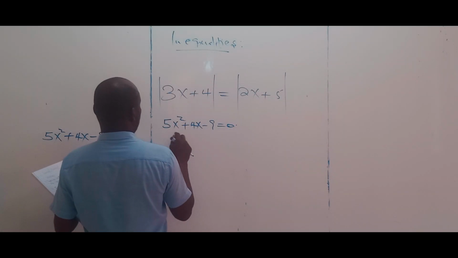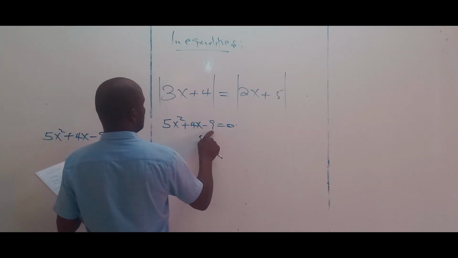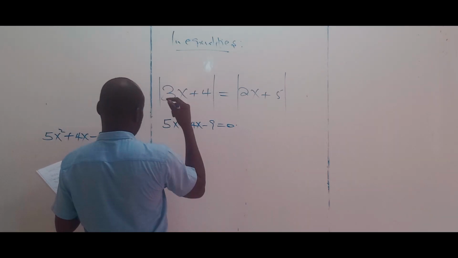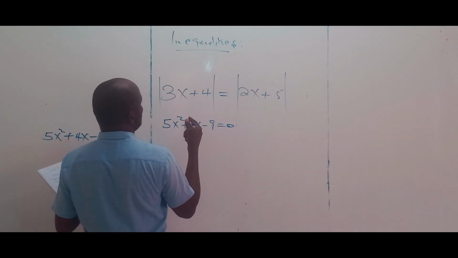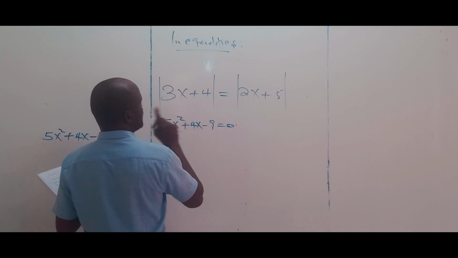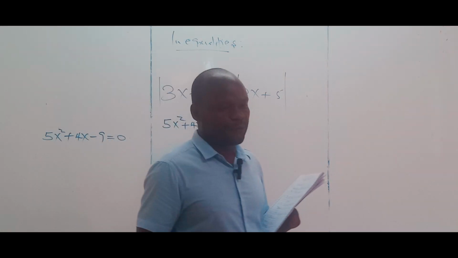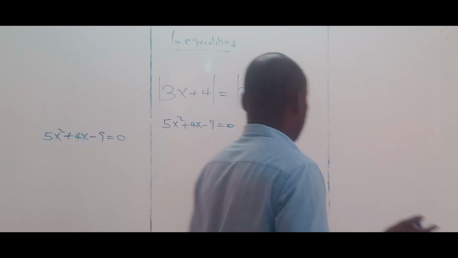So, two values whose product is negative 45, because the coefficient of this and the constant, if you multiply them, you get negative 45. But we also want that those two numbers, if we add them, we should get 4. So we can get 45 by multiplying 9 by 5.